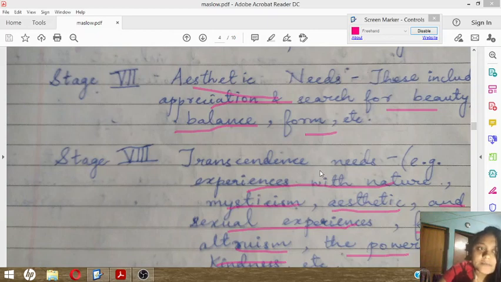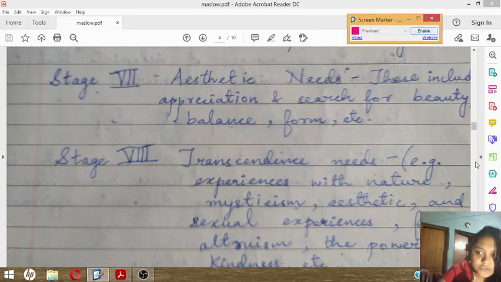So these are the 8 stages which Maslow said must be completed by any human in a consecutive manner.